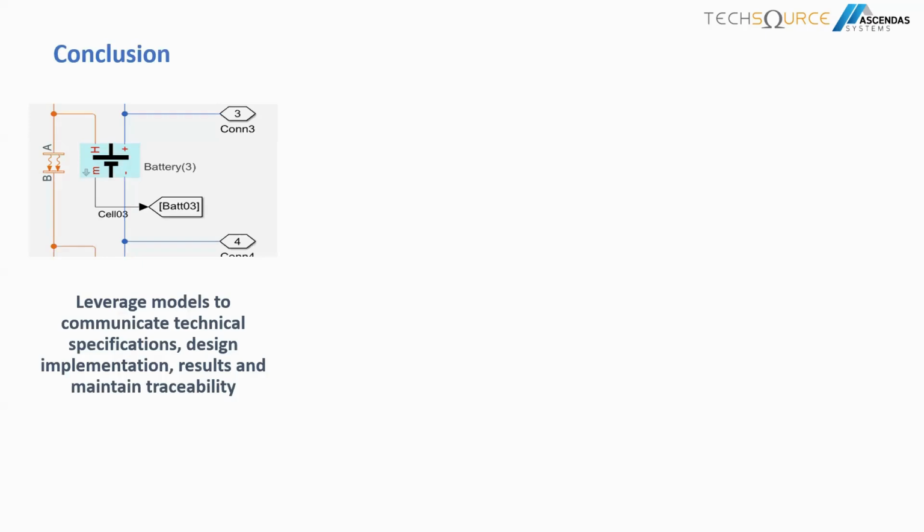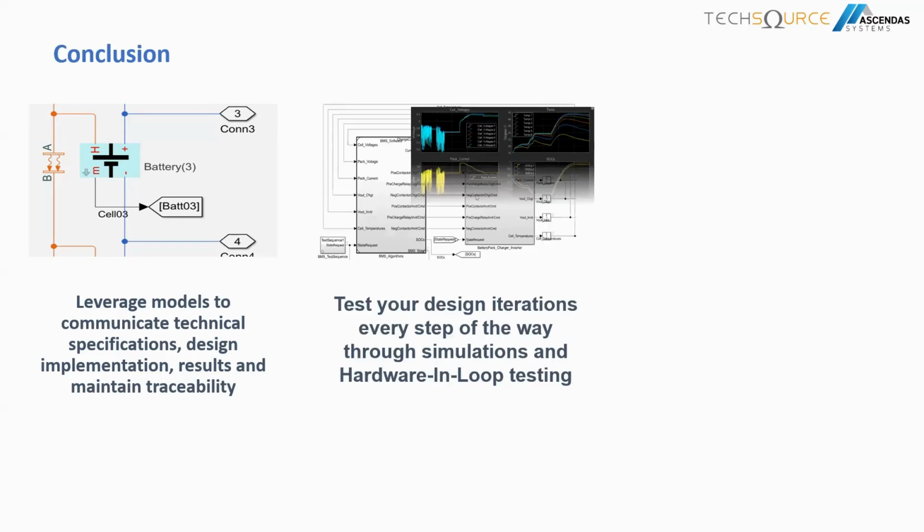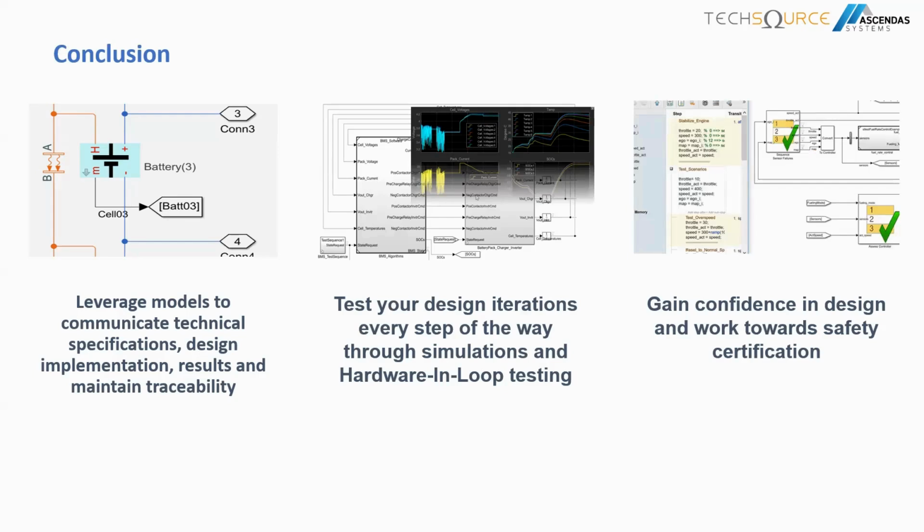Just to conclude our discussion today, we have shown you how model-based design transforms battery management system development for your battery systems. We started with modeling the cell and battery pack behavior, and then we design and validate these algorithms in simulation and generate production ready code. And then finally close the loop with hardware in the loop testing and verification.